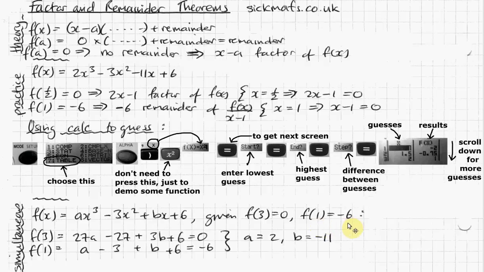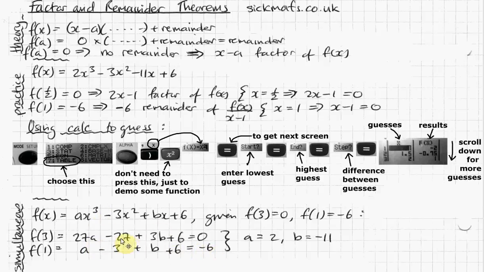You use those two facts. f(3) means you put 3 into the function, so I get 27a, because 3 cubed is 27, times a, and so on. You put in the numbers and you get this equation. Remember, f(3) was equal to 0, so it has to equal 0 there. f(1) equals minus 6, so I put 1 into the function and the result has to be minus 6.